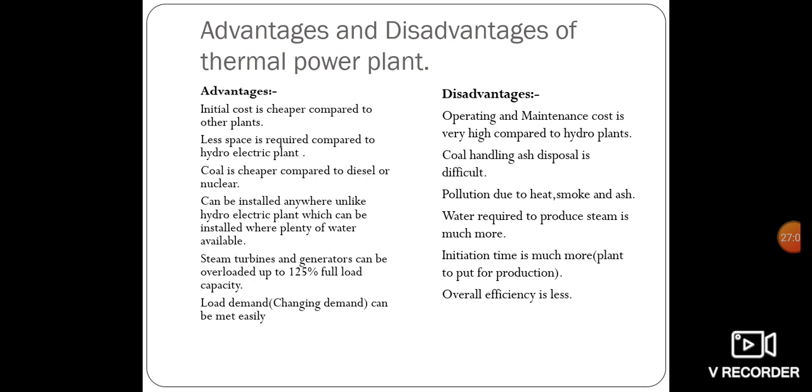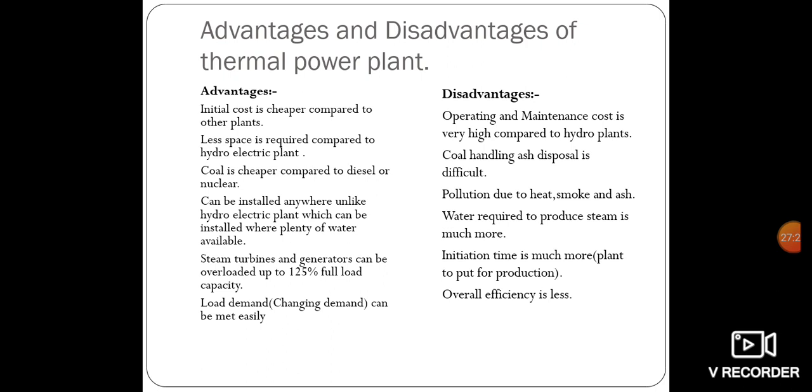Disadvantages: operating and maintenance cost is very high compared to hydroelectric plants. In coal thermal power plants, the maintenance and operation cost is much higher compared to hydroelectric power stations. Coal handling and ash disposal is difficult.